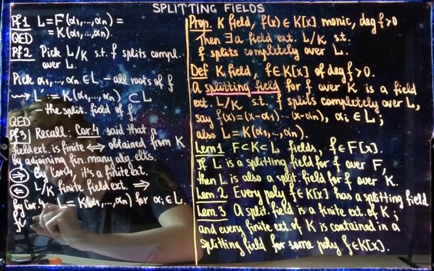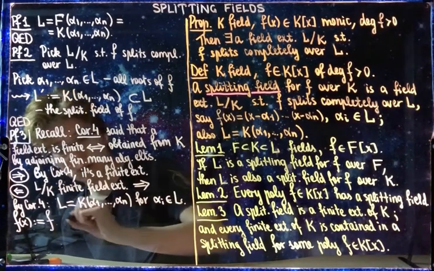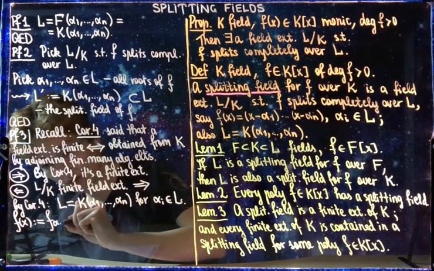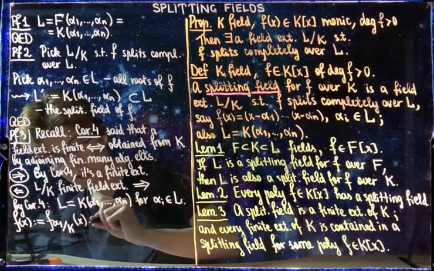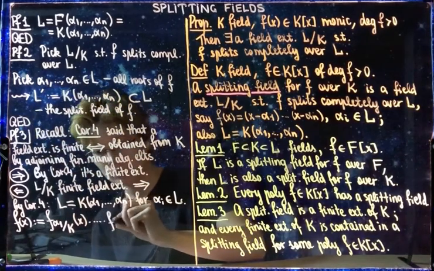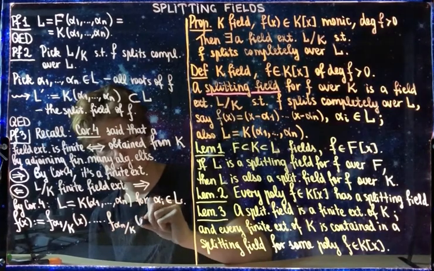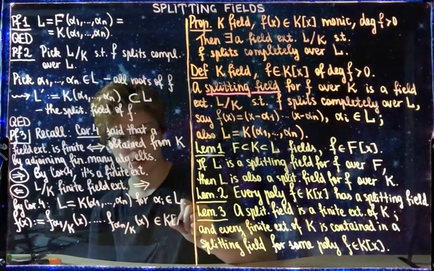So f of x is defined as the product of the minimal polynomials of alpha 1 over K, times dot dot dots, alpha n over K of x. This is a polynomial with coefficients in K.